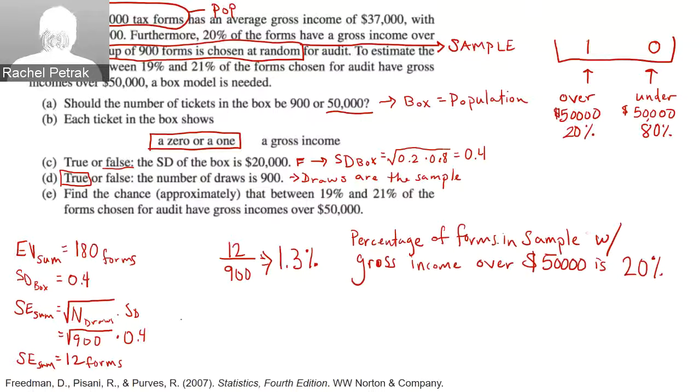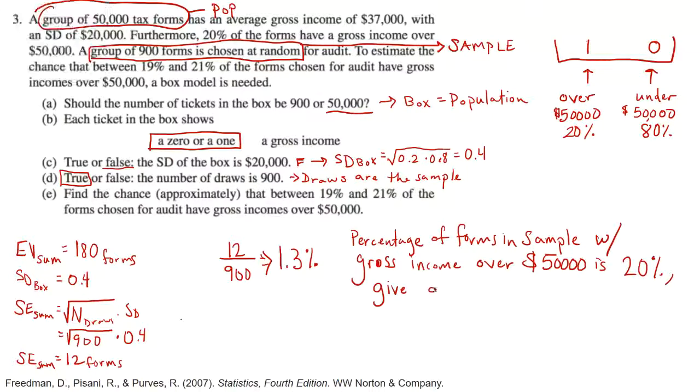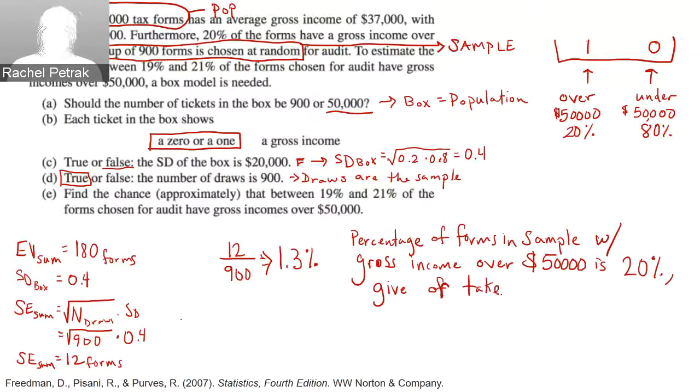The percentage of forms with a gross income over 50,000 is 20%, give or take... oops, give or take 1.3%.